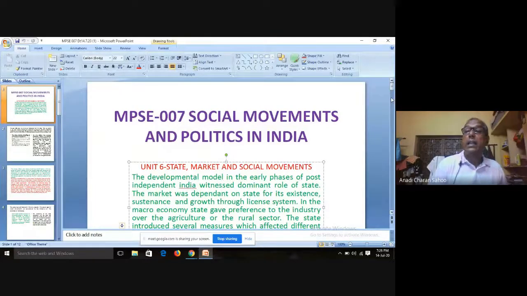It is regarding the linkage of market with state, the role of market, the role of state in the present day globalization process, and the activities of social movements in the new economic order in India, particularly in India.